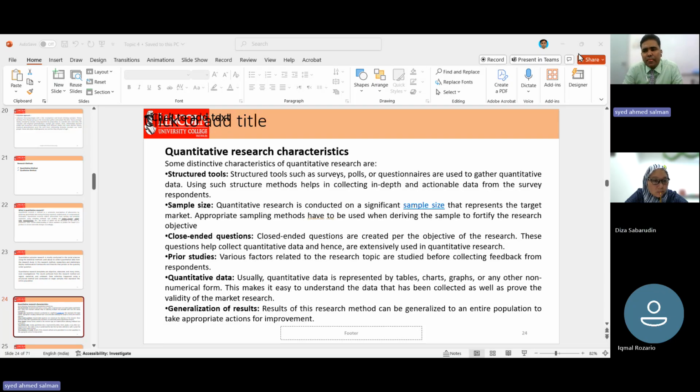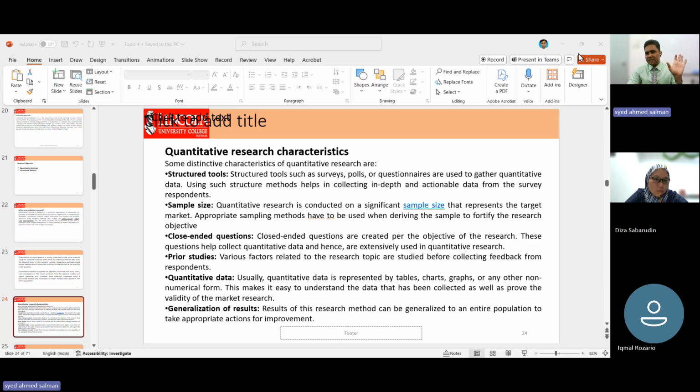Close-ended questions. In the quantitative method, you do not have open-ended questions. I cannot ask you what is your name, or explain the importance of qualitative research, or describe the quantitative method.